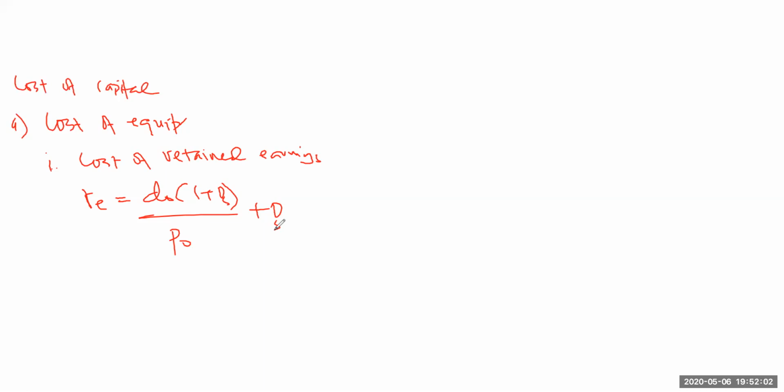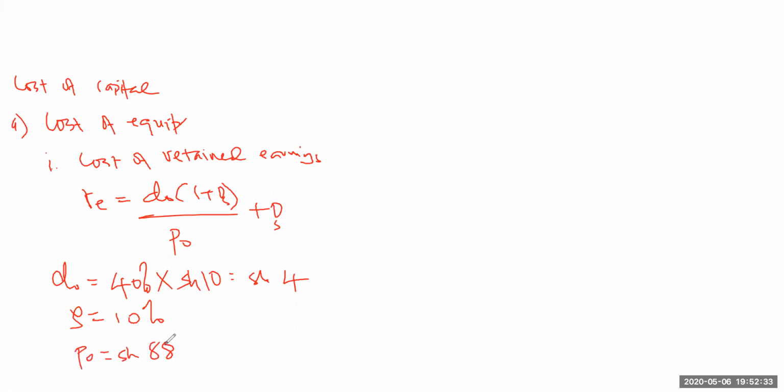So D naught is 40% of the company earnings, which is 10 shillings. That implies the dividend paid by the company is equal to 4. The growth is equal to 10%, and P naught, the market value, is equal to 88 shillings.